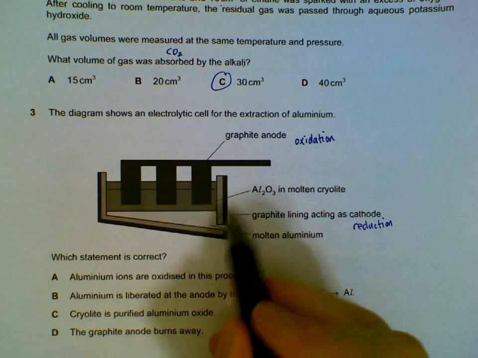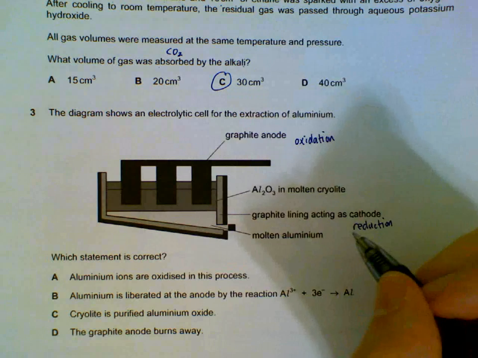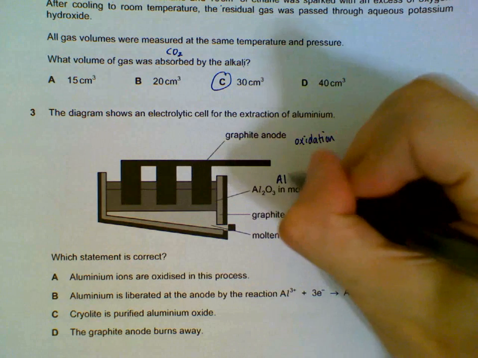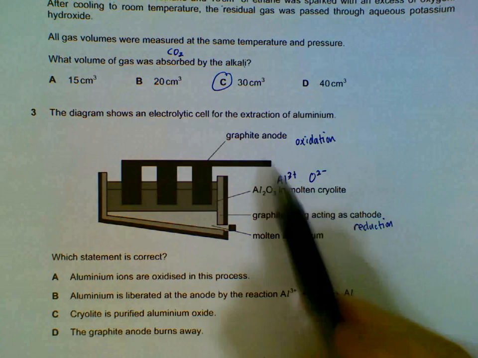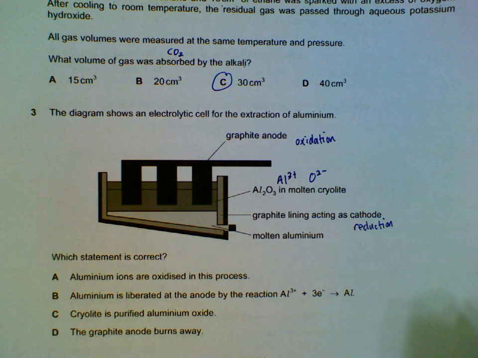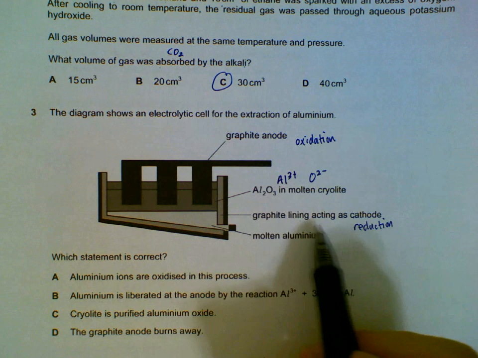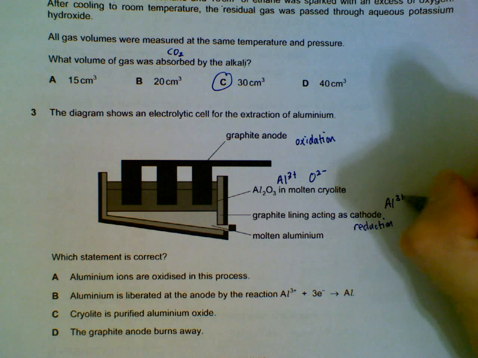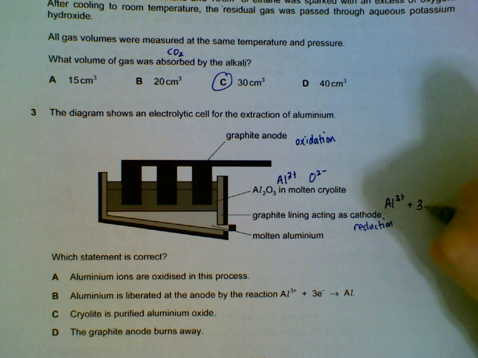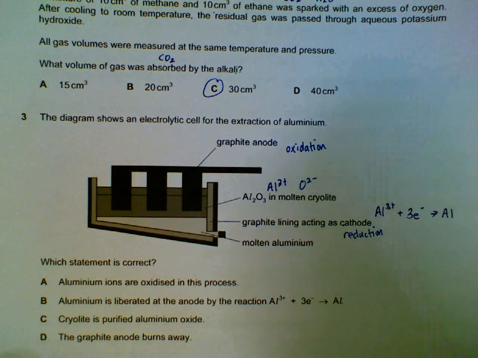So what happens is in the electrolyte we have Al3+ and oxide ions, and they will migrate to the respective electrodes. So for aluminium 3+, it will go to the cathode, and then it will gain 3 electrons, form aluminium.